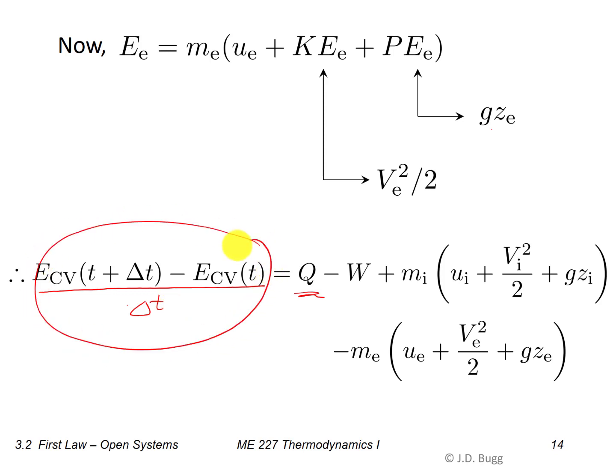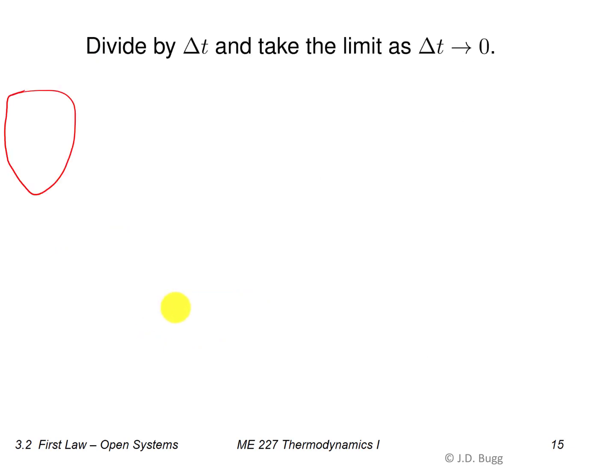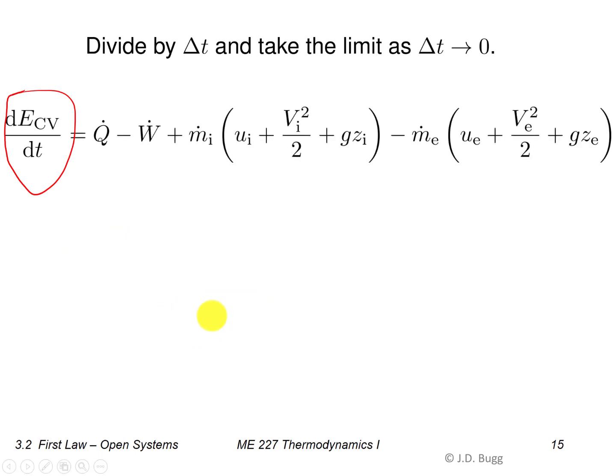Well, that's the definition of a derivative. The change in the quantity divided by delta T, and the limit of that as delta T goes to 0 is the definition of a derivative. So that's why here we write that as dE/dt, and it's the energy in the control volume. We'll be talking lots about that term as we go forward, but it's called the unsteady term.